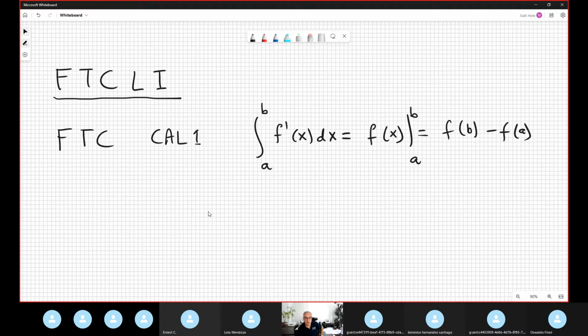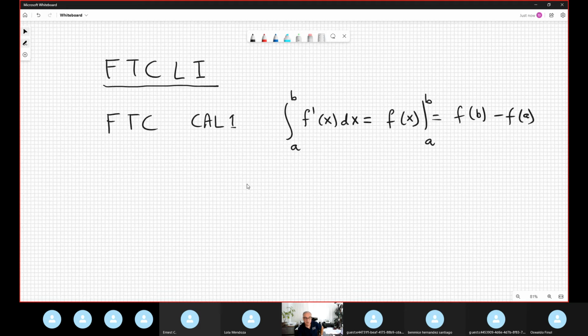It looks stupid, ridiculous. Easy, elementary, straightforward. But the same concept you apply in line integrals. How? Suppose that you have the line integral of a vector field F dot dr. Let's suppose that this vector field is conservative.